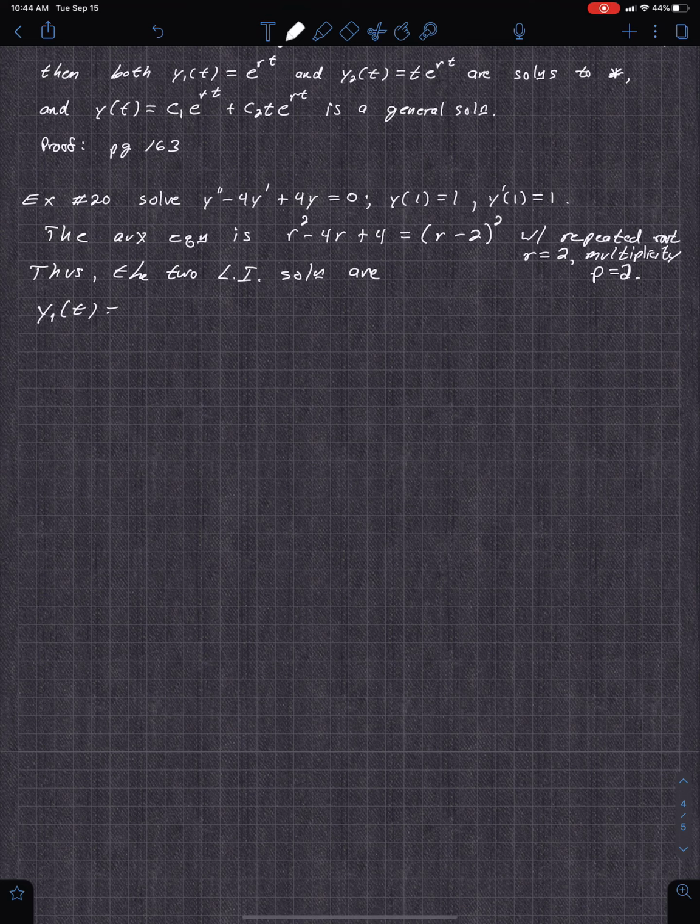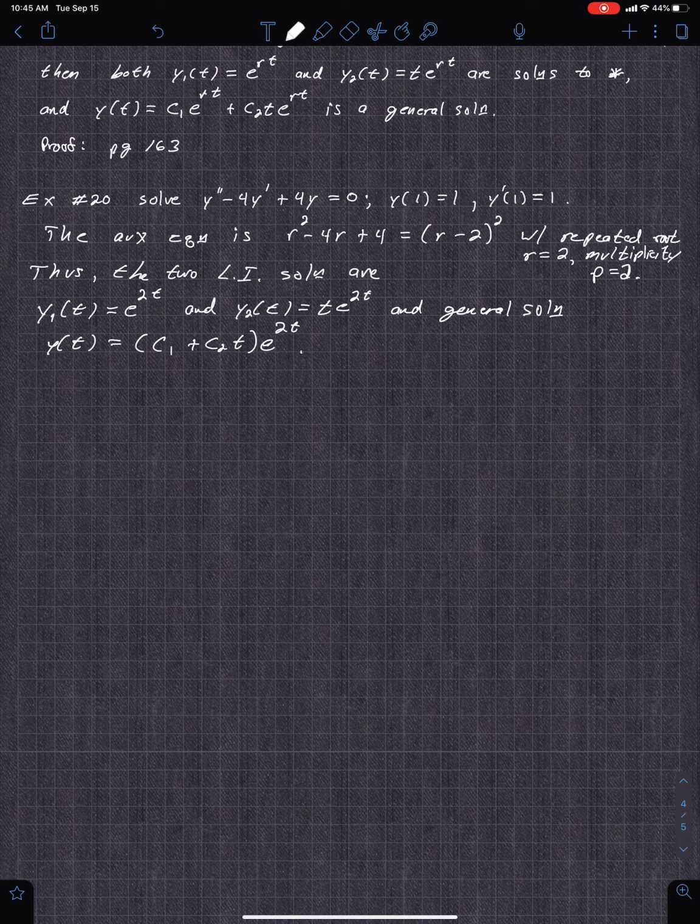y1 of t equal to e to the 2t, and y2 of t equal to t e to the 2t. And the general solution is y of t equal to C1, I just factored this, C1 plus C2 t, times e to the 2t.